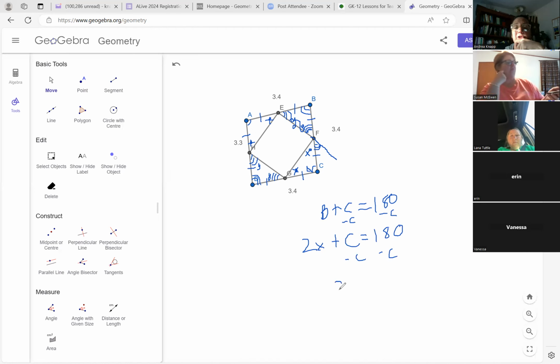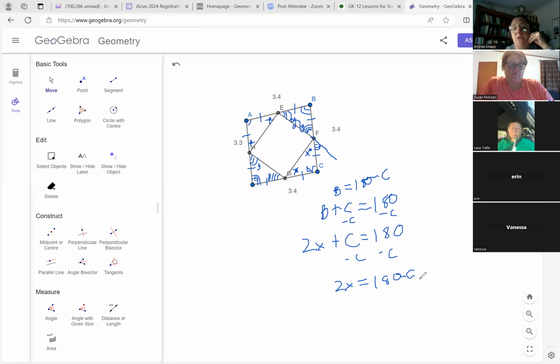So now I have 2x is the same as 180 minus C. And from this one up here, I have angle B is the same as 180 minus C. So angle B is 180 minus C and 2x is 180 minus C. So that tells me angle B has to be the same as 2x.